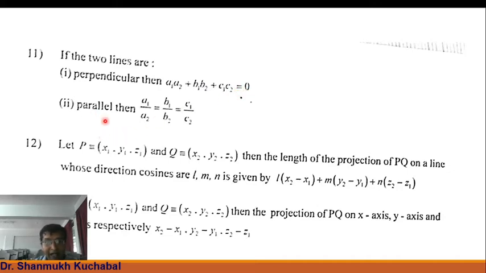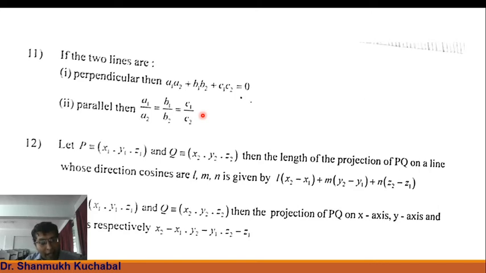Then parallel means we have to take the ratio: A1 by A2 equal to B1 by B2 equal to C1 by C2. That is one vector and another vector. When they are parallel, you can say both vectors are the same, or else one vector is a multiple of the other.